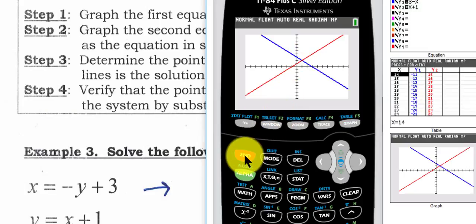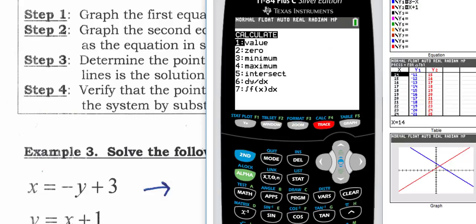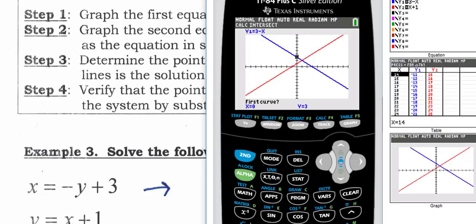So if I press the second key, the trace key, number 5 for intersection, and then I press enter, enter, enter, that's my intersection. Okay, so how will you record your answer on a test? I would want you to actually sketch a graph and label the point. Okay, so on a test, I'm pretty sure I'm going to ask you to solve a system of equations by graphing.